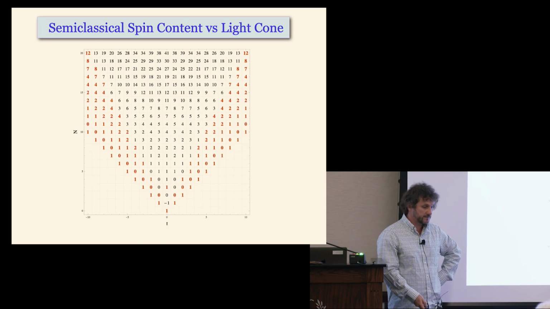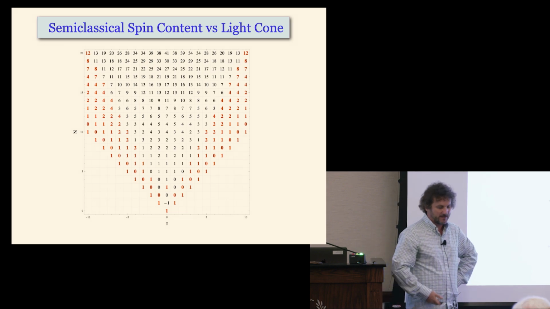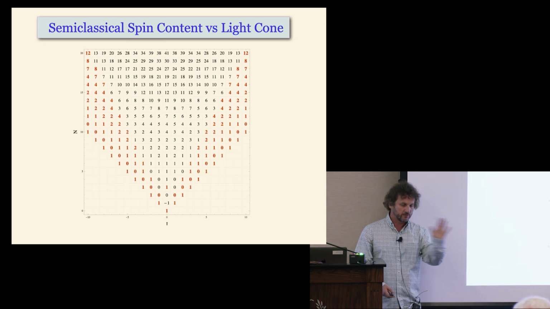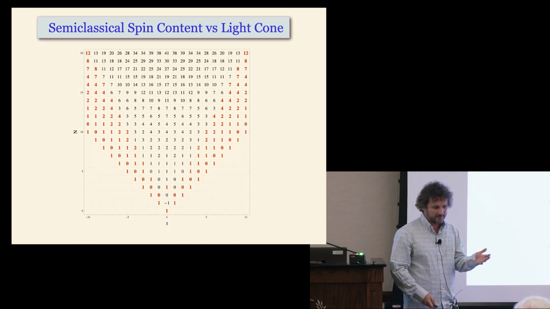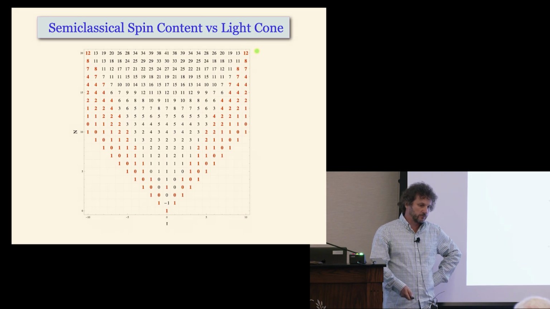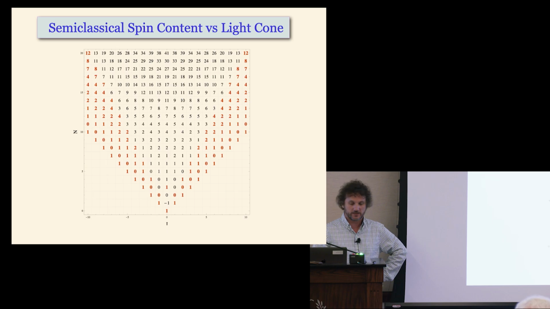And that's what one finds here. There is this red region where the result obtained by light cone quantization, which is not the right procedure, and the result obtained by naive extrapolation from large J to all values of J, which a priori is not guaranteed to work, agree.